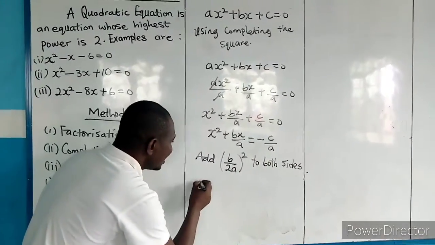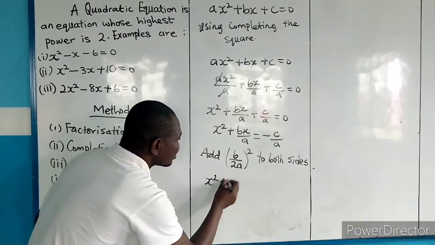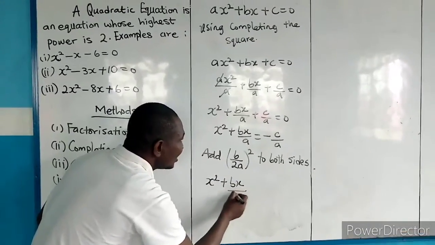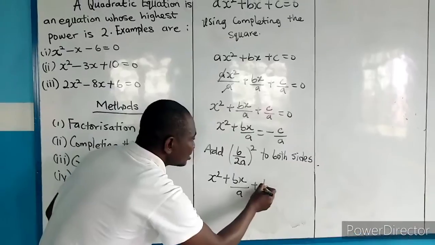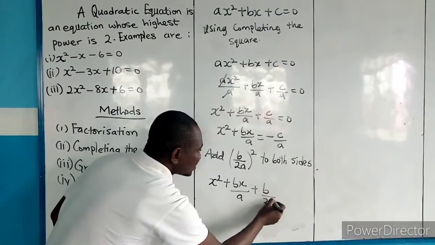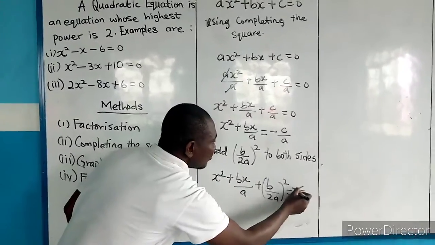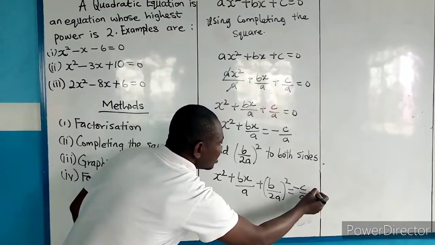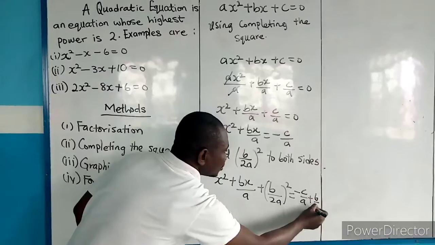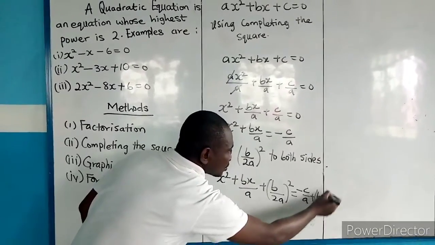So that will give me x squared plus bx over a plus b over 2a squared equals minus c over a plus b over 2a squared.